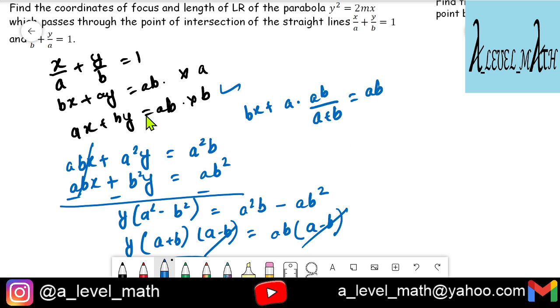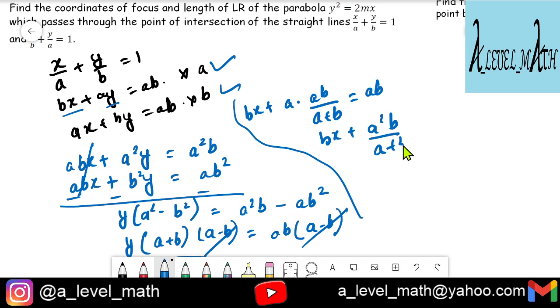So I have plugged in the value of y over here. So that's why bx plus a times y, which was ab by a plus b, is equal to ab. I'm sorry. So we have bx plus a squared b by a plus b is equal to ab.